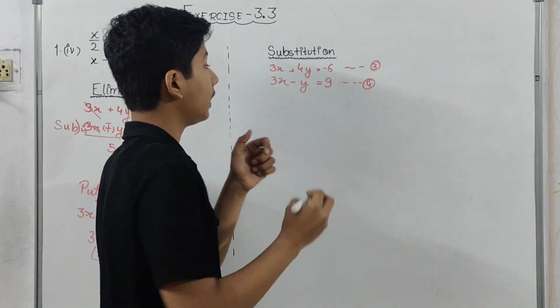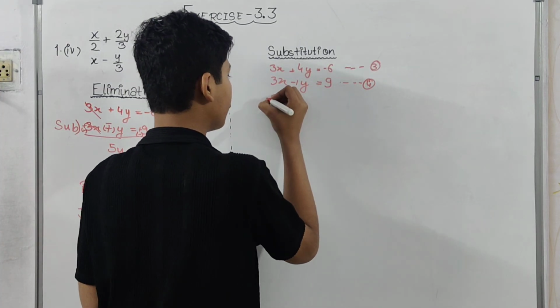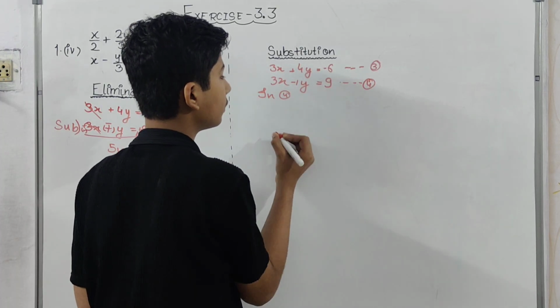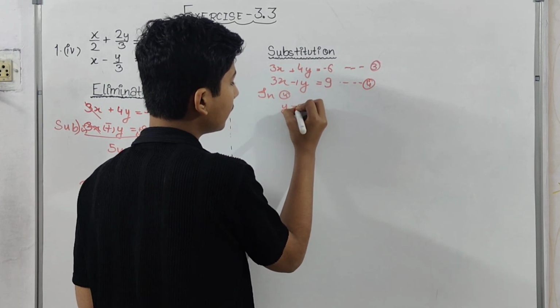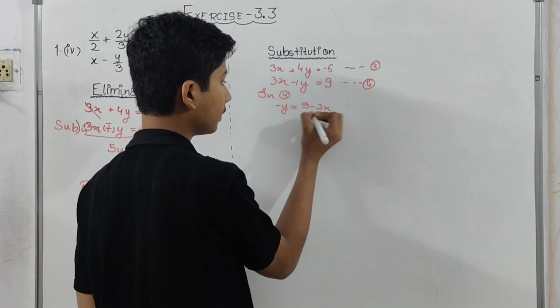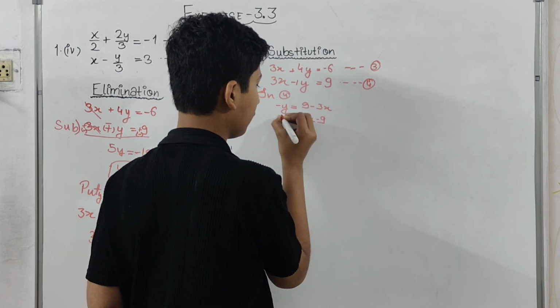So if we see, the smallest coefficient is this, means 1. So in 4, y equals 9 minus 3x. So y equals 3x minus 9.